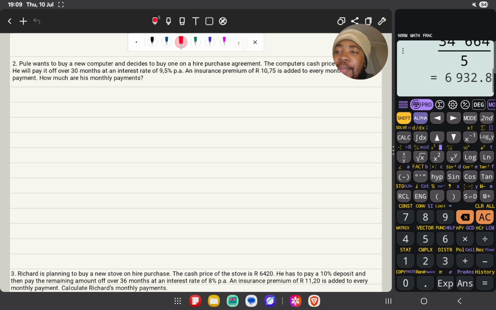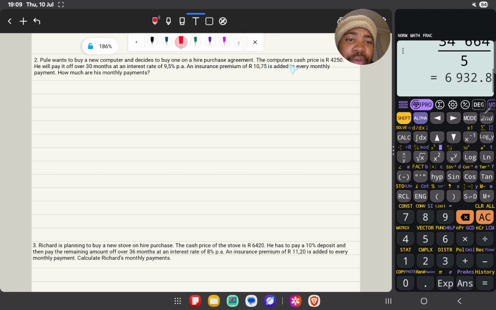We have Pule here. They say Pule wants to buy a new computer, and he decides to buy one on a hire purchase agreement. The computer's cash price is 4,250.